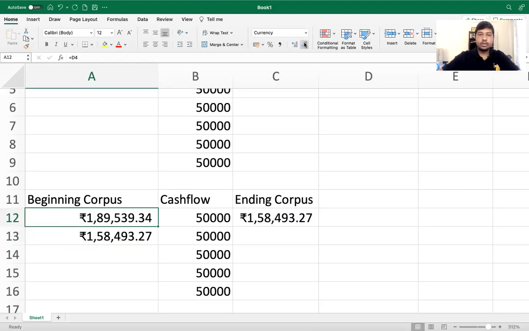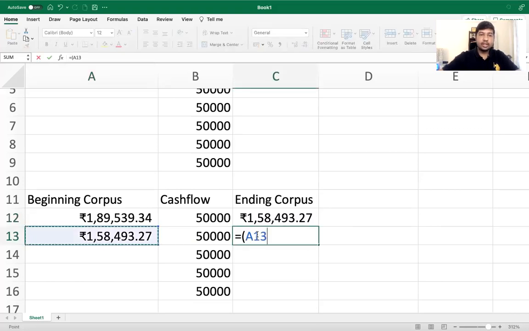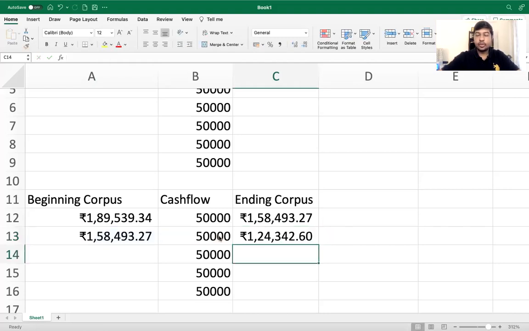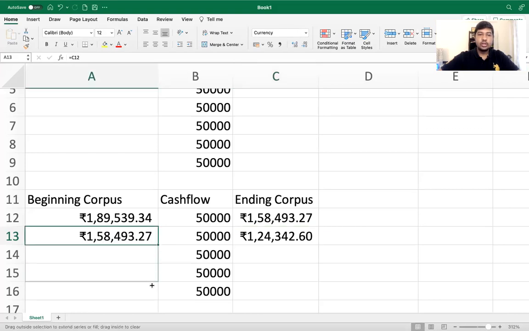second year. Okay. Then what will happen in the second year? In the second year, again, this into 1 plus 10% minus the 50,000 rupees. Okay. So at the end of second year, this is the corpus that will be remaining. So since we have done it for 2 years, we simply drag it.